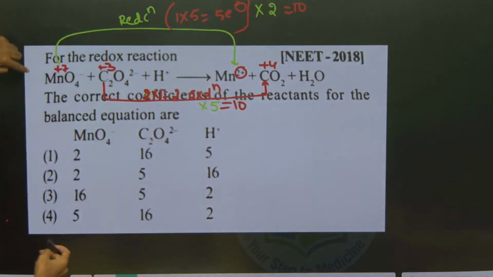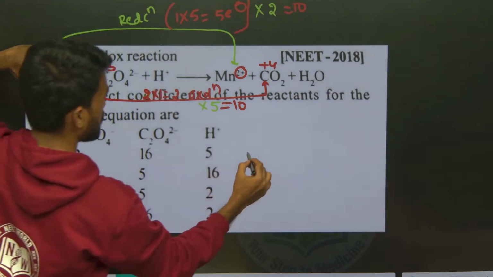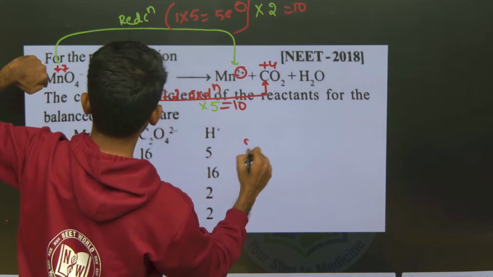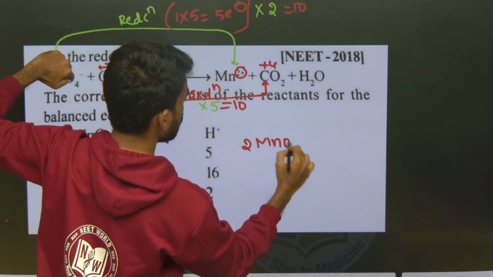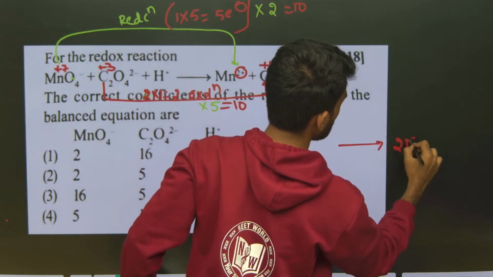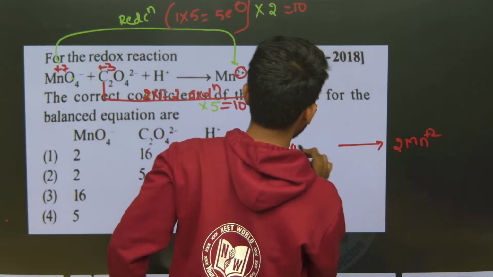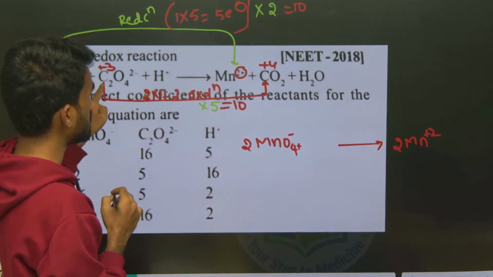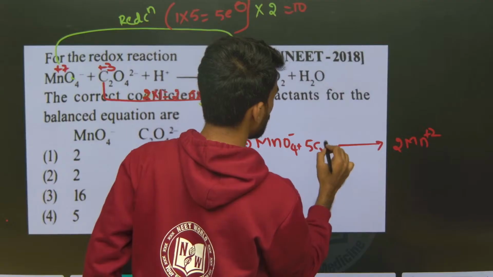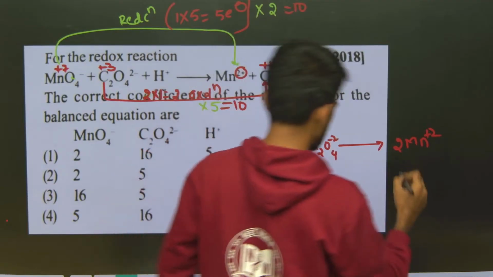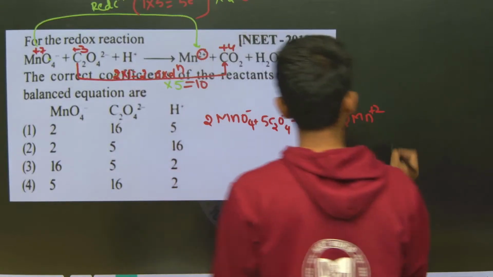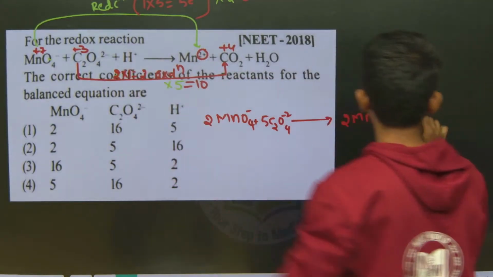So what is the final equation you will get? Multiplying manganese by 2: 2 MnO4 minus giving 2 Mn 2 plus. Then the oxalate ion equation, multiplying with 5: 5 C2O4 2 minus giving, 5 times 2 is 10, so 10 CO2.